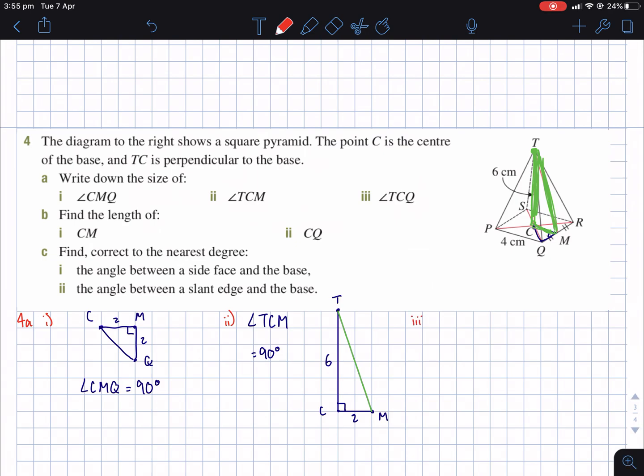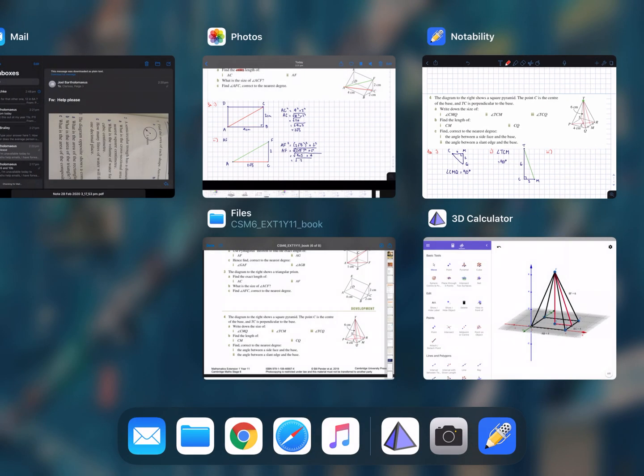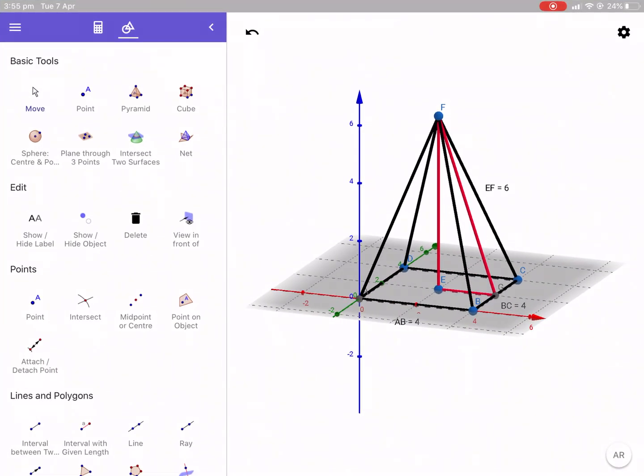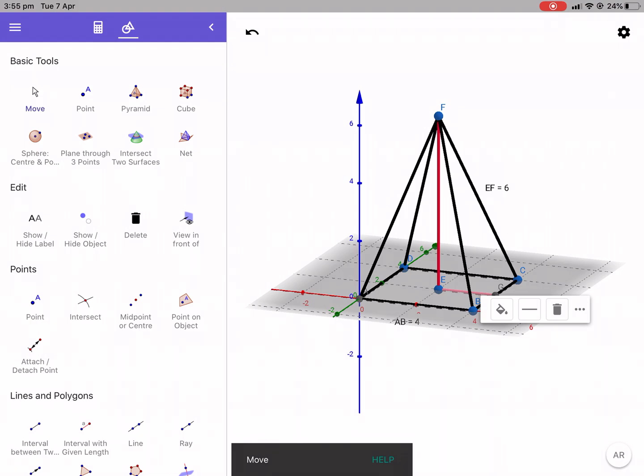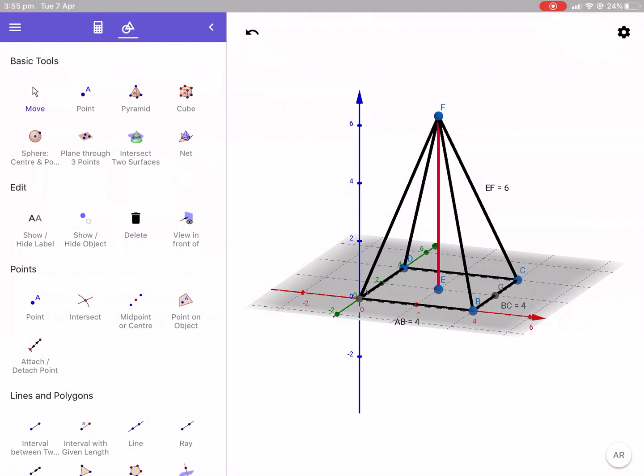TCQ, yeah, you can have a guess. TCQ we would do really similarly, but this time we're not after this side or this bottom. Q's in the bottom corner, isn't it? Yep, okay.